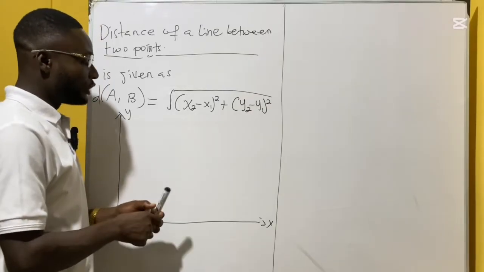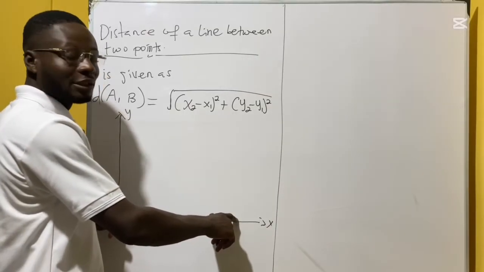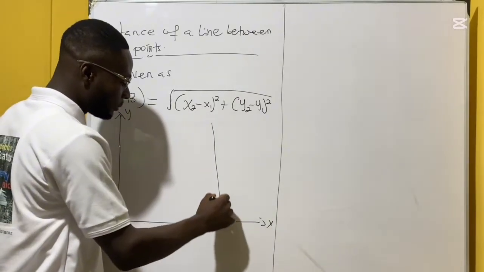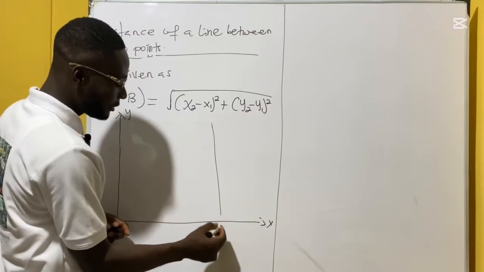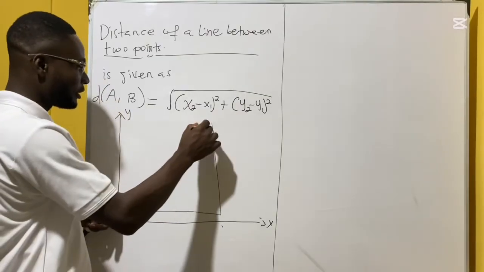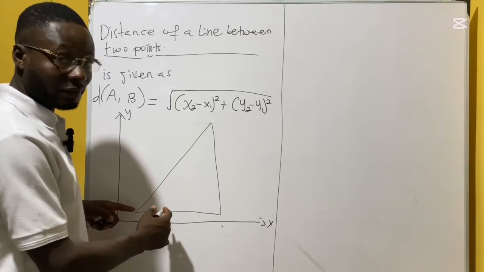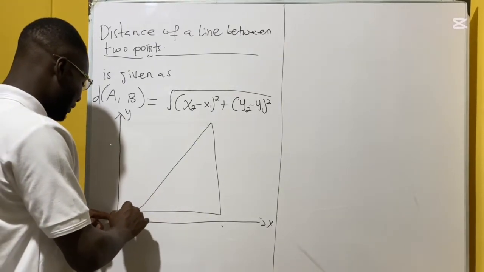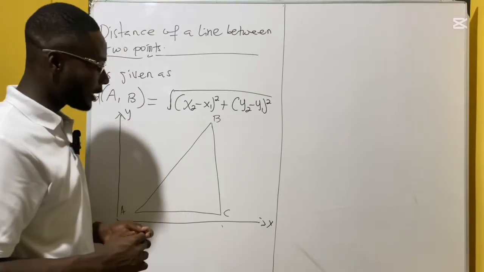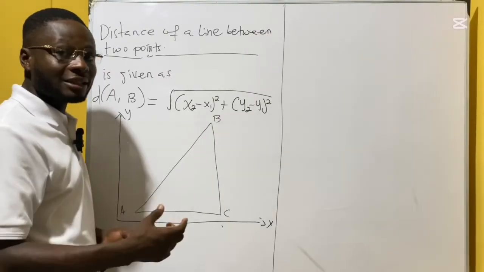Now, we try to illustrate a triangle on this two-dimensional plane. We choose any point and join it to this point. So this is our triangle. We call this vertex A, this vertex B, and this vertex C. Every point has coordinates.